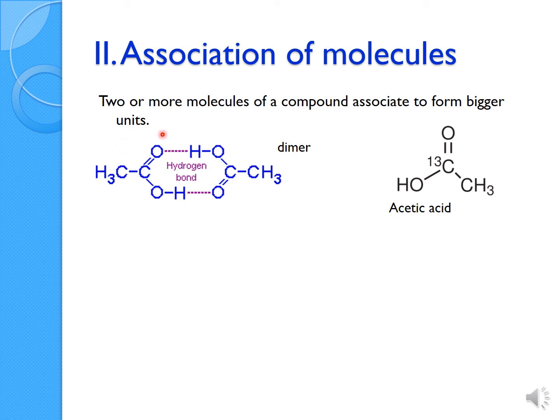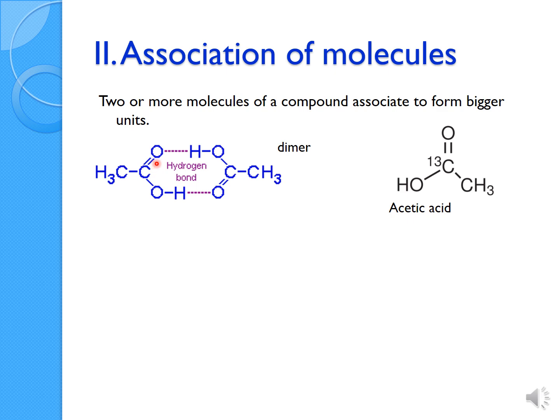This is one CH3COOH molecule. This is another CH3COOH. So this is one acetic acid molecule. This is another acetic acid molecule. So two acetic acid molecules will be hydrogen bonded with each other.